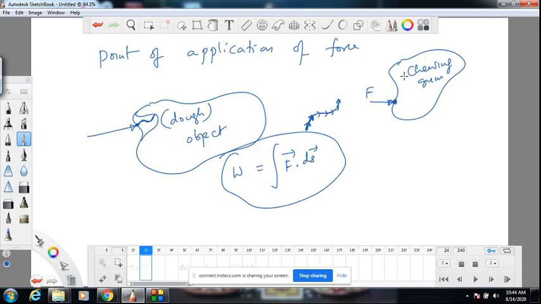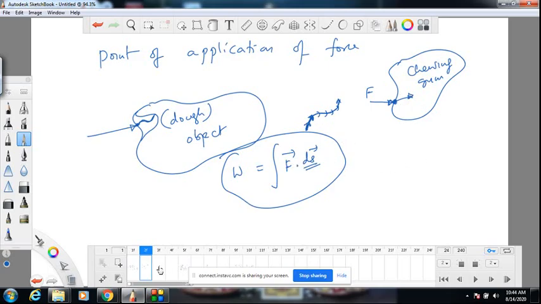The whole chewing gum may move, may not move, I don't care. But if this point moves, then you can define work done by this force as integral F dot ds. So ds is a small displacement of that point where force is applied. The total displacement you are dividing into small displacements, finding each little work done and adding up.